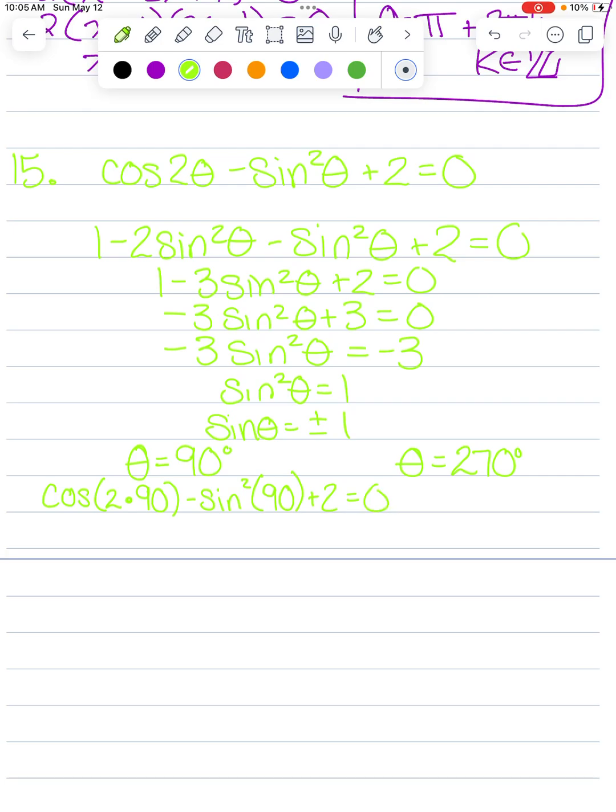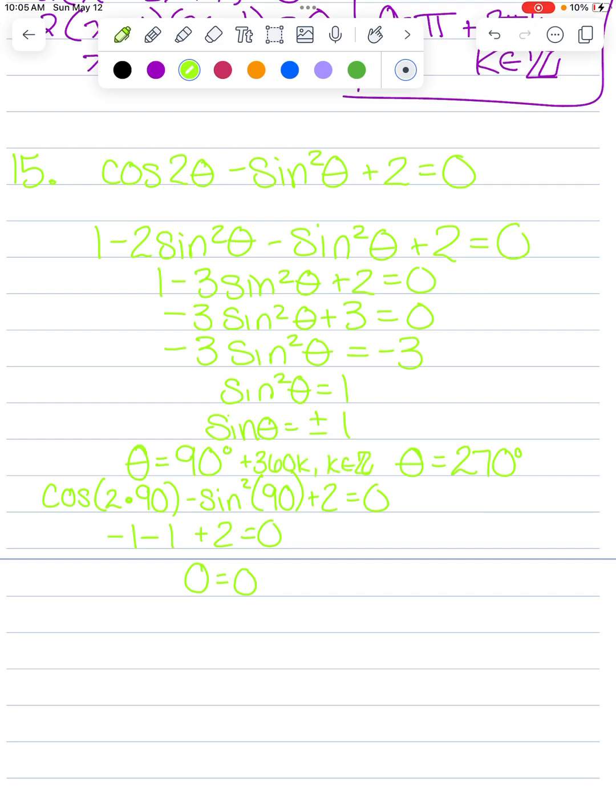Okay, this is cosine of 180 degrees, which is negative 1. Sine of 90 is 1, squared is 1. Okay, yep. I made a mistake in my calculating. Negative 1 minus 1 plus 2 is indeed 0. Okay, so 90 works. Plus 360k.